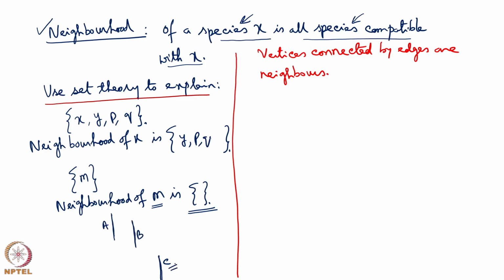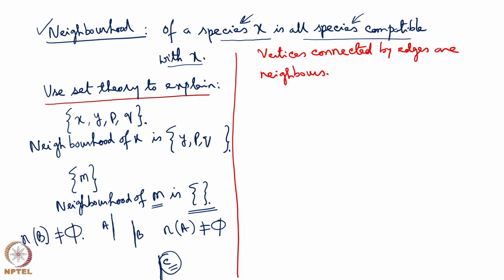When C is occurring, no other species are found, therefore the neighborhood of C will be a null set, and the neighborhood of A or of B is not a null set.